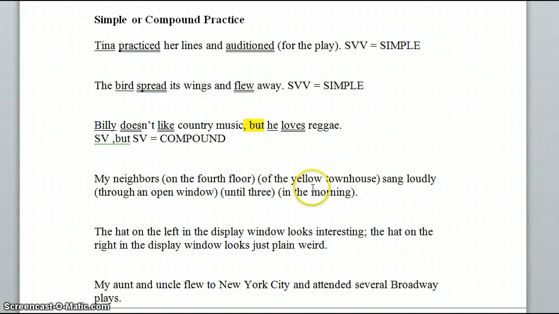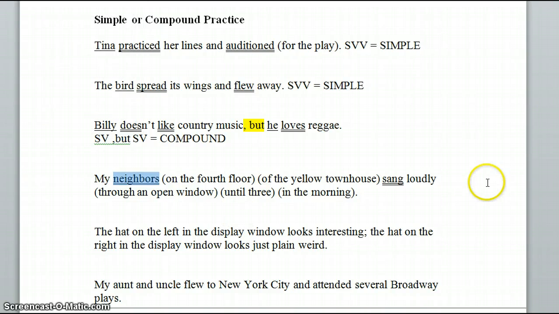My neighbors sang loudly. What's your verb? Sang. We're going to mark that as a verb. There we go. And do we have any other verbs? No, we do not. We have many prep phrases, but we just have that one verb. Sang. Who sang? We go back up to the front. Neighbors. Neighbors sang.